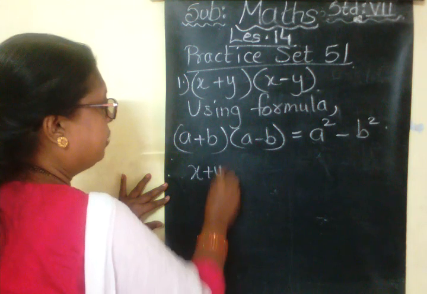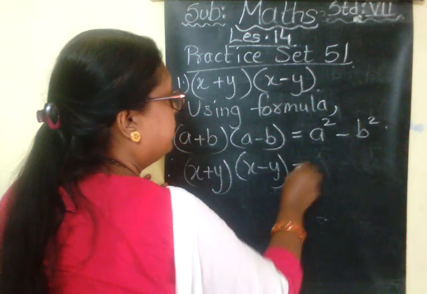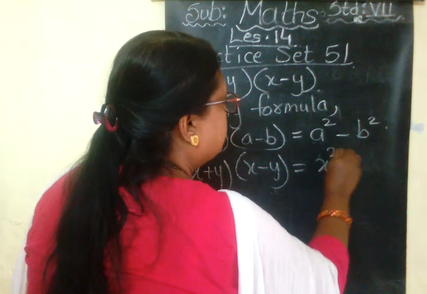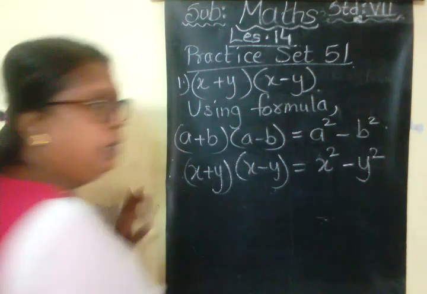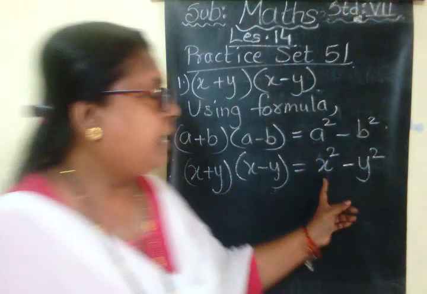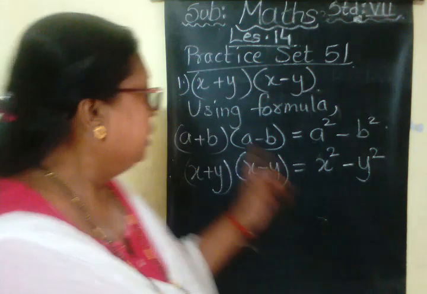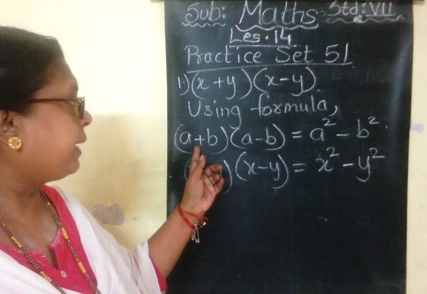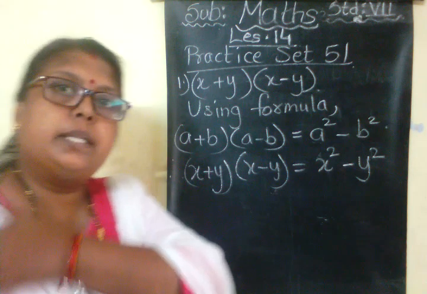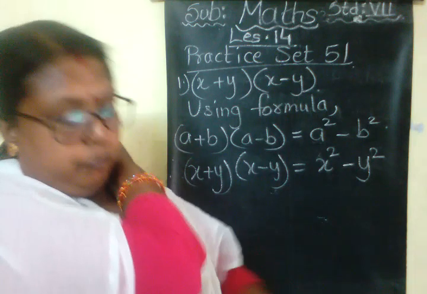So x plus y multiplied by x minus y is equal to x square minus y square. So this is your answer. The answer is x square minus y square. Here if minus sign is there in the first bracket and plus sign in the second bracket, then also there is no problem. You can solve it using the formula.